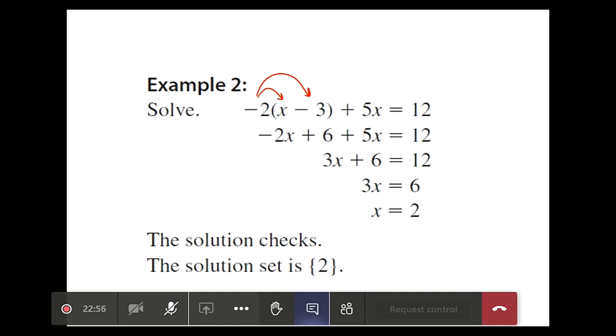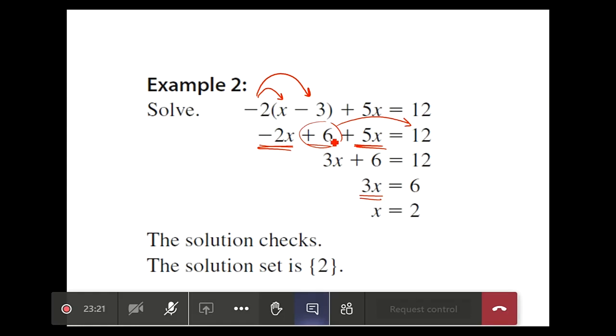Now we have negative 2x and positive 6 plus 5x. The 6 is only a number, so we move it to the right hand side, and summing negative 2x plus 5x, we have 3x.